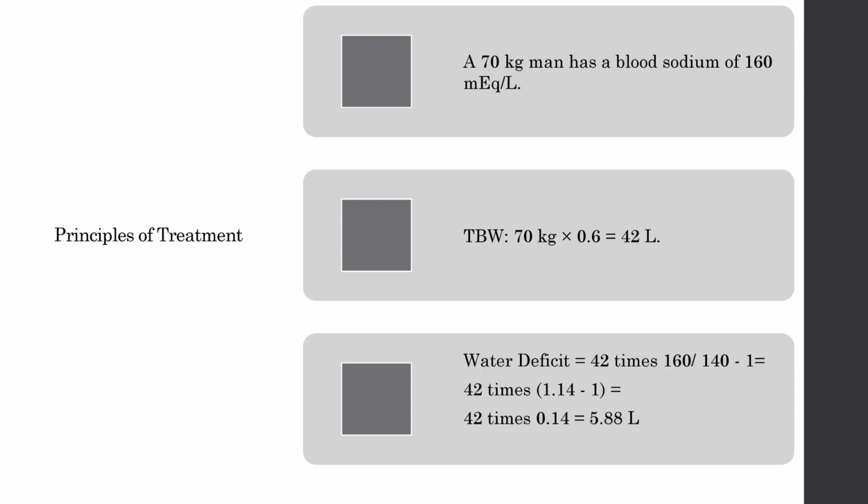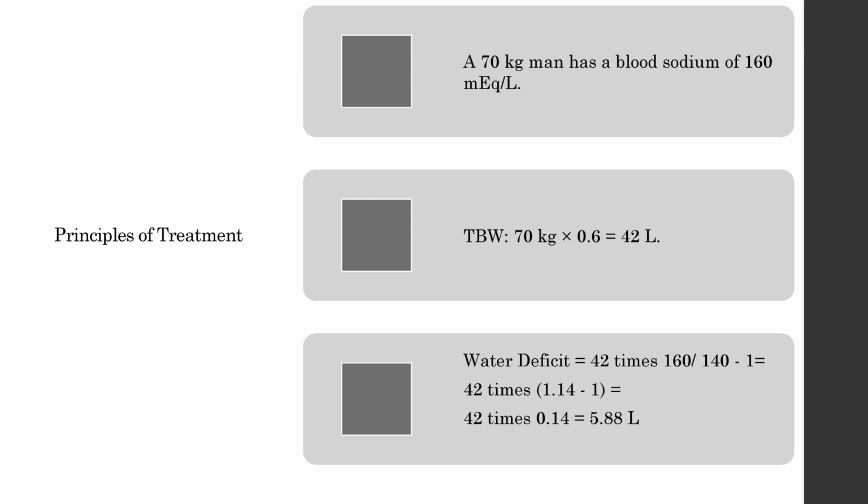For example, a 70 kilograms man has a blood sodium of 160 milliequivalent per liter. His total body water will be 70 kilograms times 0.6 is equal to 42 liters. Now calculate water deficit. Plug the numbers into the formula.